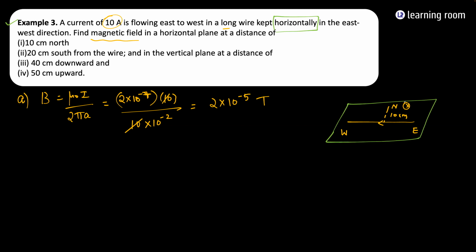So what is the answer you will write? It is going to be of this magnitude, 2 into 10 power minus 5 Tesla, but vertically downward. So it is going to be vertically downward, right?